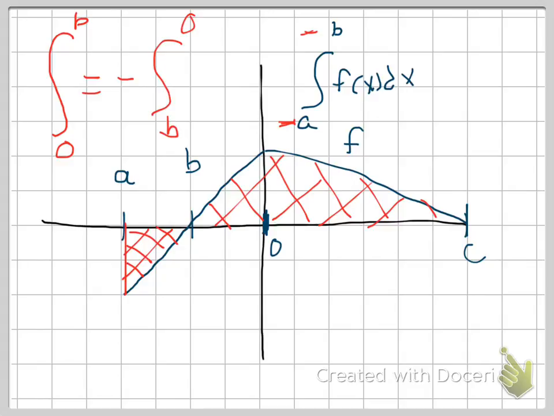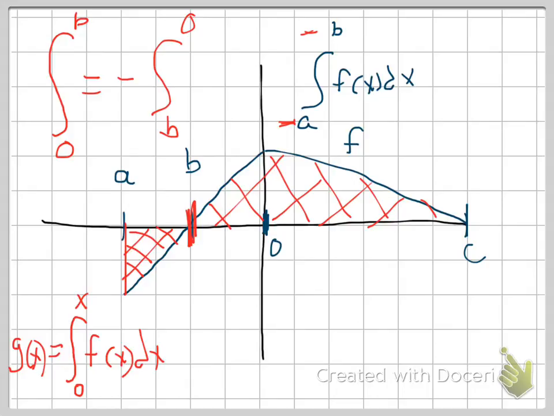Because b is clearly less than 0. Okay. Now, let's say that they gave us some integral from 0 to x of f of x dx and said that that was equal to some other function g of x.